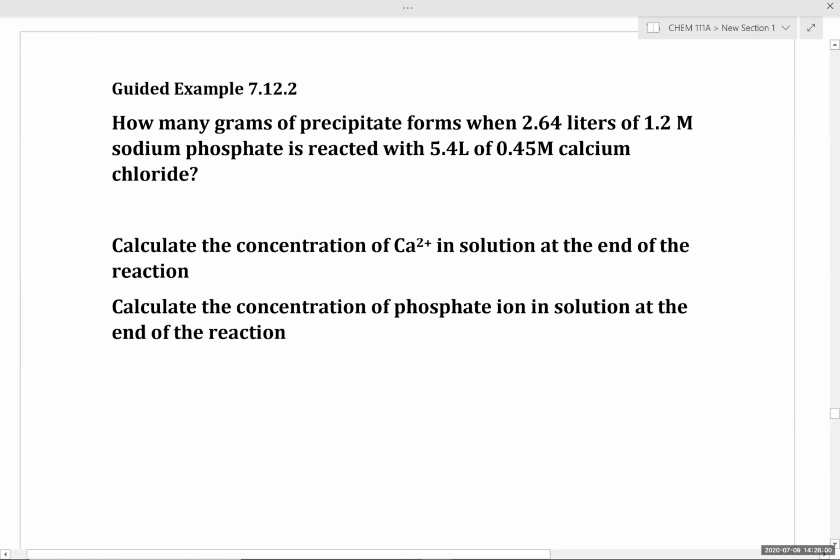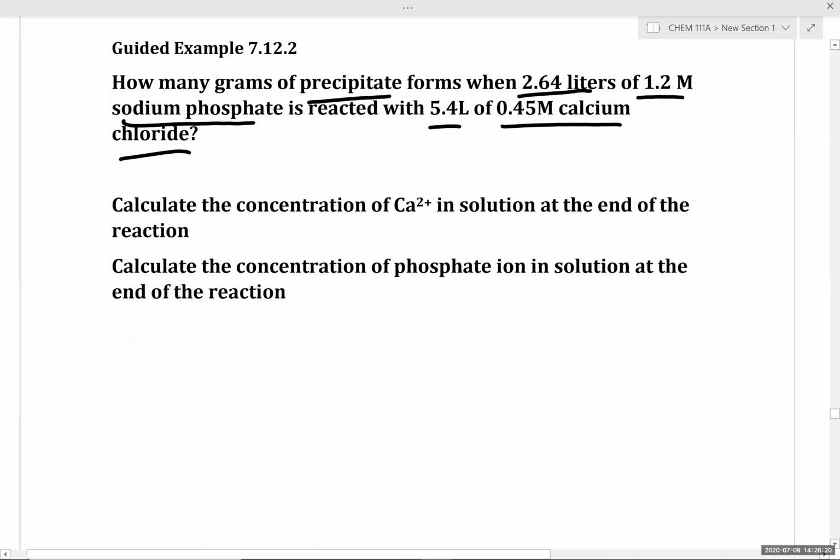So first and foremost, we're asked how many grams of precipitate forms when 2.64 liters of 1.2 molar sodium phosphate is reacted with 5.4 liters of 0.45 molar calcium chloride. Okay, so first things first, I'm going to write out my equation.